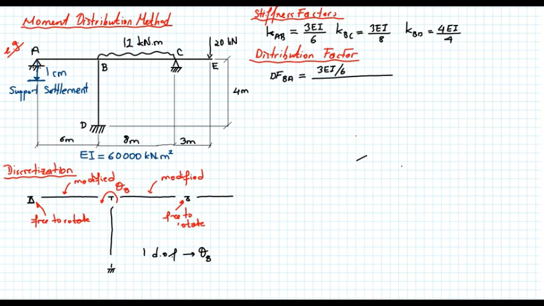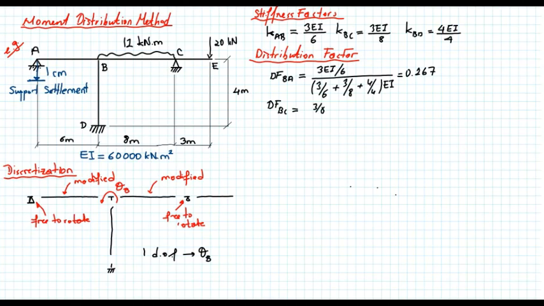So 3 over 6 plus 3 over 8 plus 4 over 4, times EI. This gives me a distribution factor equal to 0.267. This tells me that member BA will carry 26.7% of the moment.